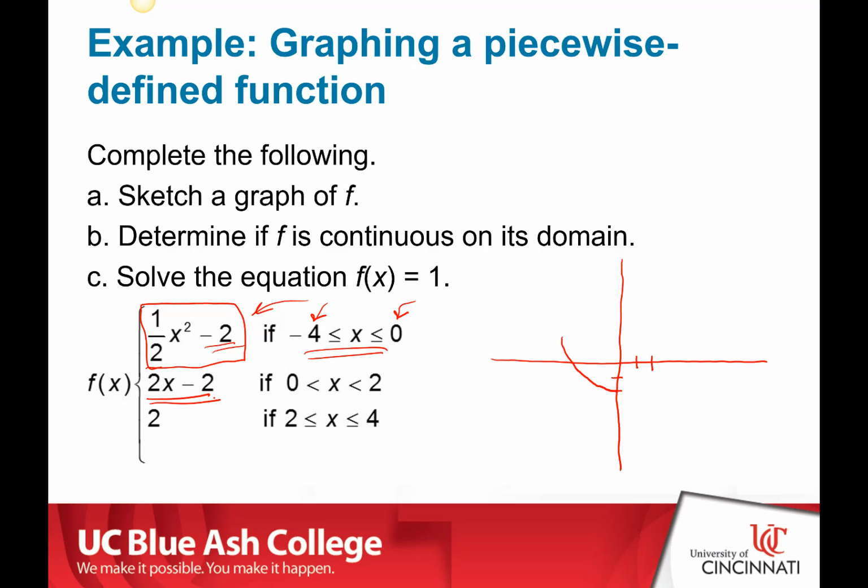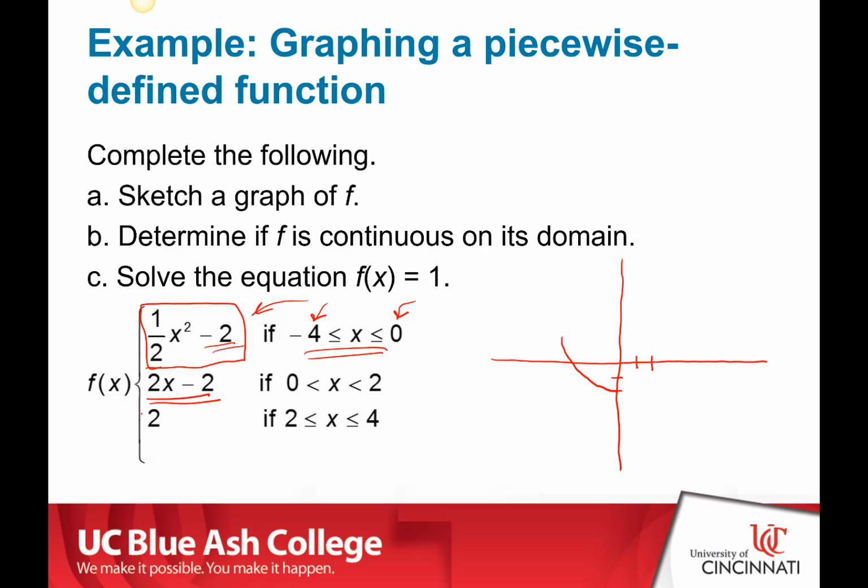Then what you do is from 0 to 2, we graph this line. If x has a value of 0, it goes into the first slot. You get -2. If we were to start this second portion at 0, where would it start? Do you see it would start at -2 as well? It's going to be a line. It's going to have a slope of 2, so it's going to go up pretty fast.